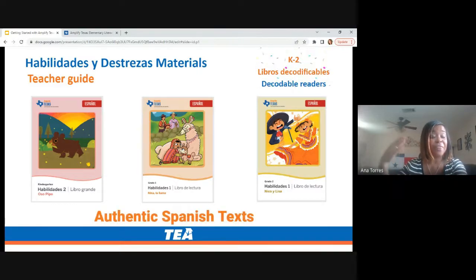And they're authentic Spanish texts. There's no translations and no adaptations. Again, remembering these are original texts that include authors from various Latin American countries, such as Puerto Rico, Mexico, España, Peru, and other South American countries. So authentic Spanish texts, those decodable readers are.